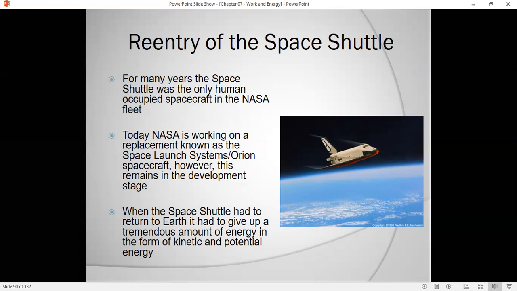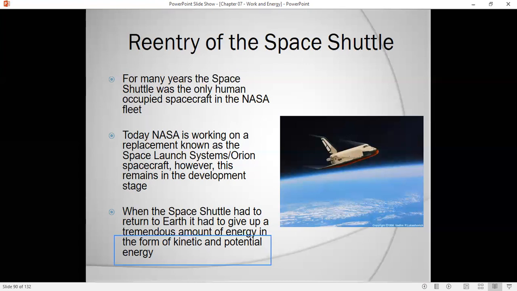But in any case, the space shuttle was the only way to go toward and back from the International Space Station. Now, when the space shuttle returned to Earth, basically it had to give up a tremendous amount of energy in the form of kinetic and potential energy. It had to give up a tremendous amount of mechanical energy.